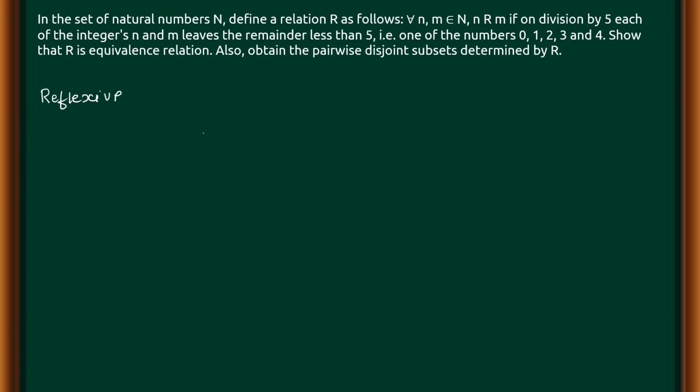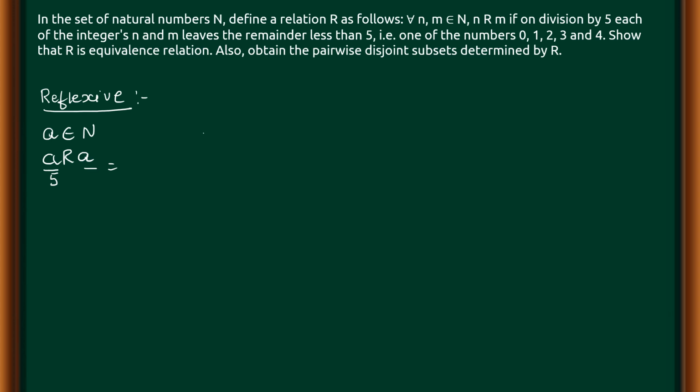Now for a relation to be reflexive, let us take any integer a. All right, a belongs to natural numbers. a is a natural number. Now if a is a natural number, that means a is in relation with a. Now if we divide this by 5, we might get any one of the remainders 0, 1, 2, 3, 4 or 5.